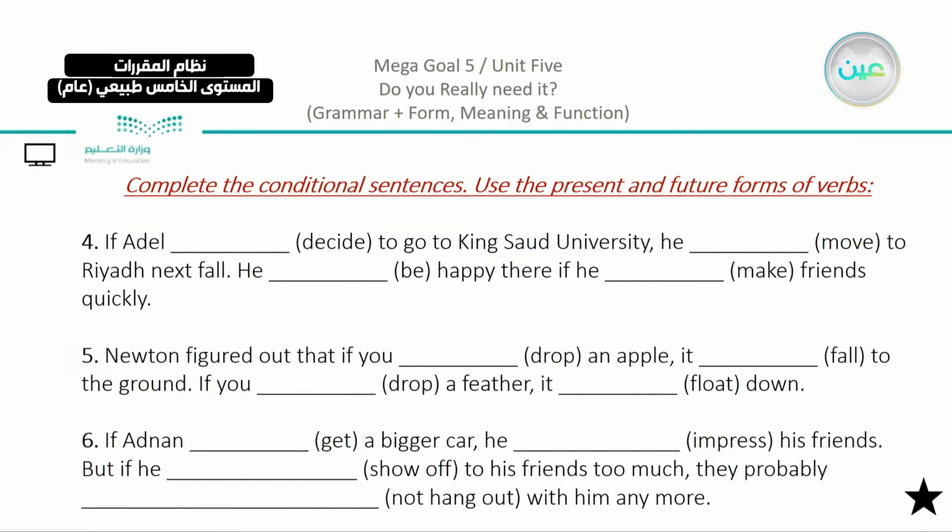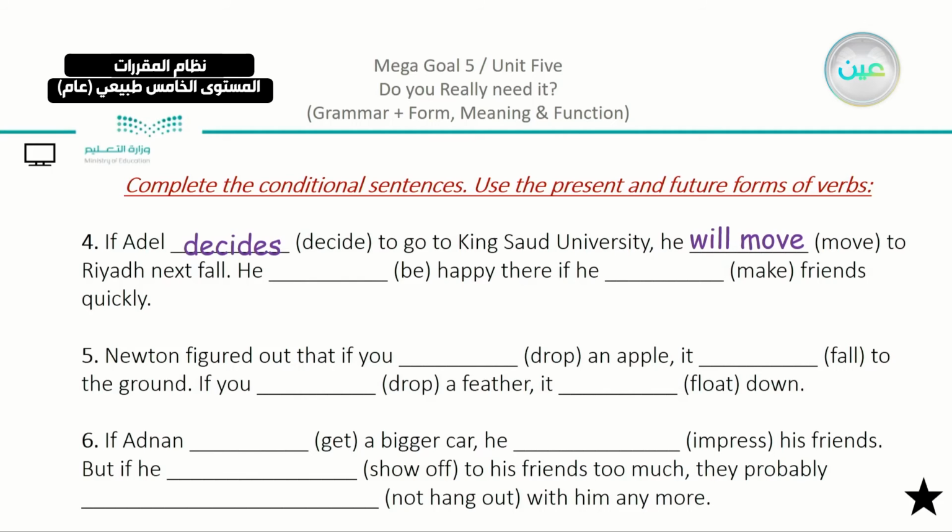Moving on, we have here, if Adil decide to go to King Saud University, he moved to Riyadh next fall. So we have here, if is, as we said, present simple. Next indicates that there's something in the future as a result. So if Adil decides to go to King Saud University, he, in the future, will move to Riyadh next fall.